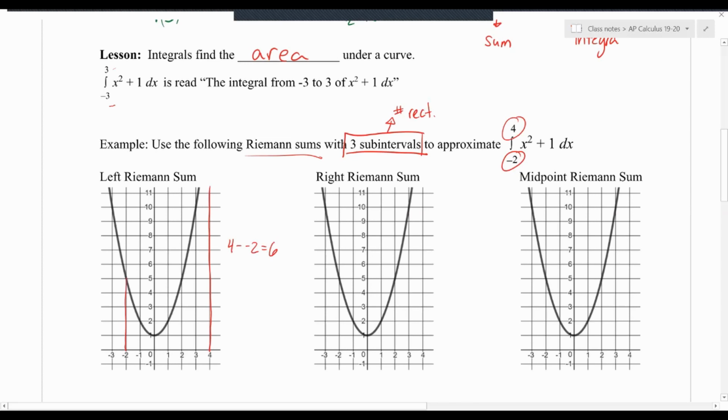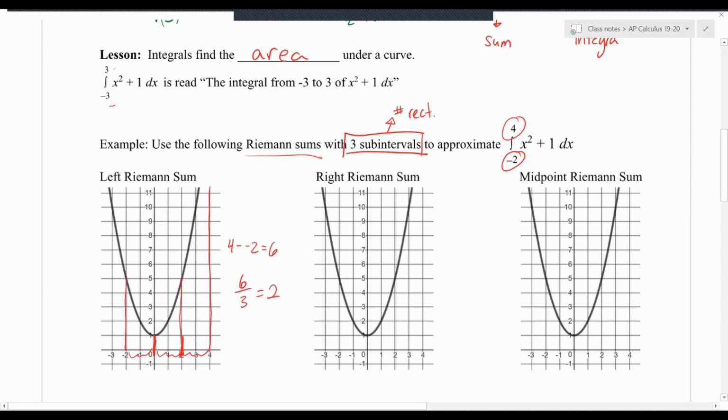And I want 3 subintervals, so each subinterval has to be 2. So I have between -2 and 0, and 0 and 2, and 2 and 4. I now have 3 subintervals, 1, 2, and 3.